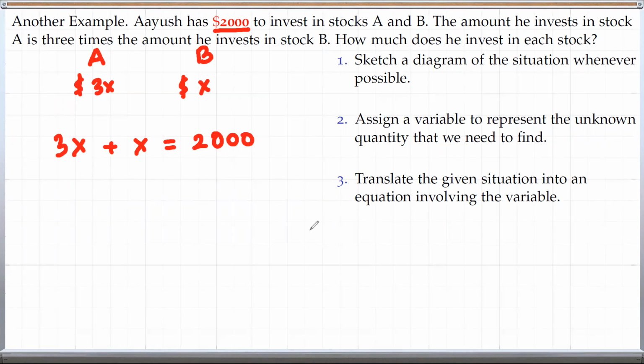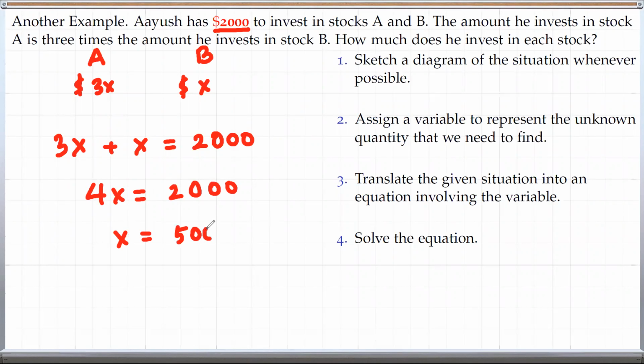Now the rest is just solving this equation. So 3X plus X is 4X. We have 4X equals 2,000. And then we can divide both sides by 4. We get X equals 2,000 by 4, which is 500. So the value of X is 500. Based on this, we can draw the conclusion.